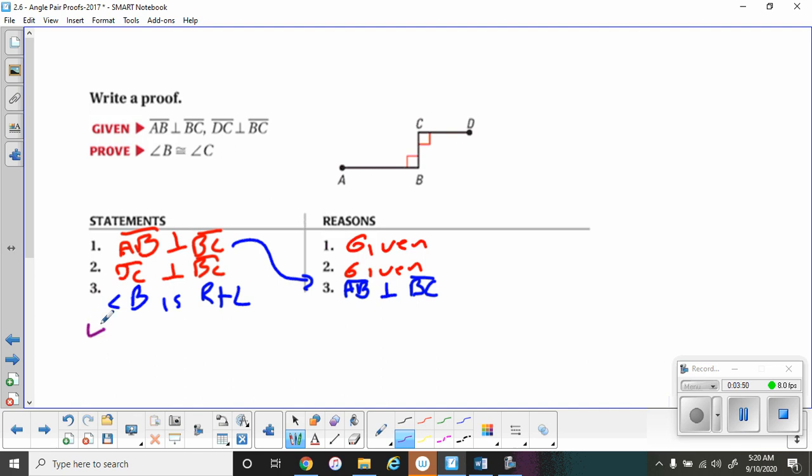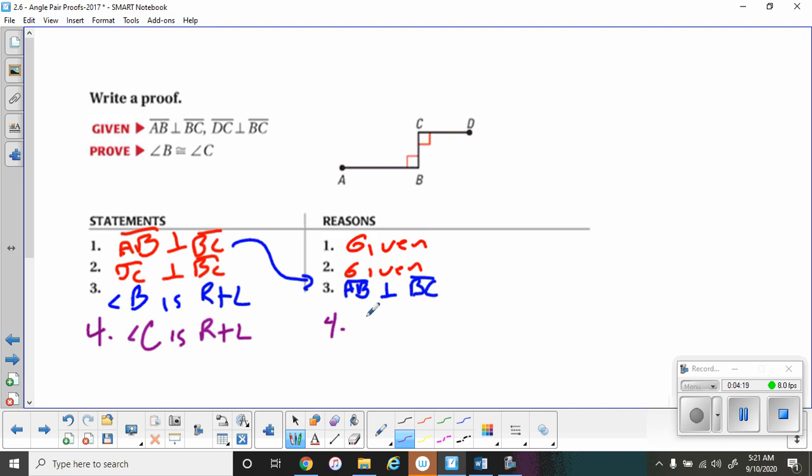So I need to add one here. So I go 4. So now I need to say angle C is a right angle. Hit pause. See if you can write something like my statement number 3. So I would go angle C is a right angle. And specifically, we put definition of perpendicular again.